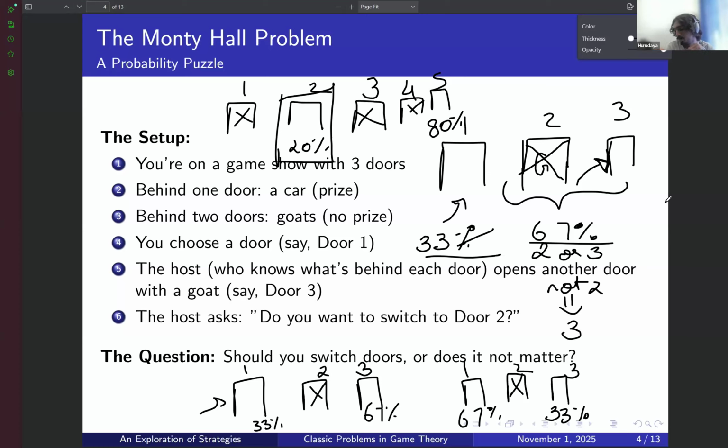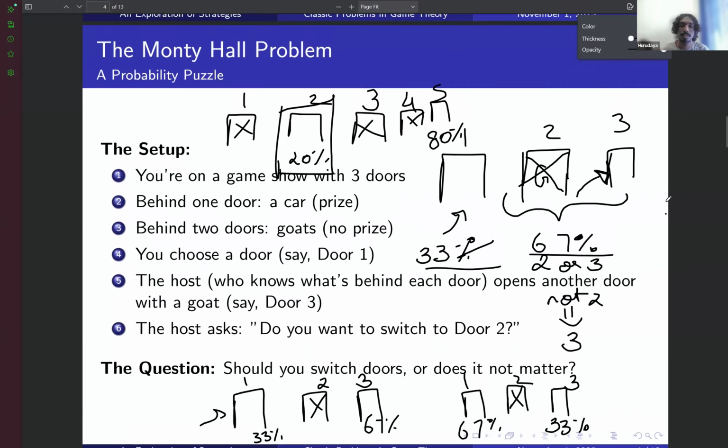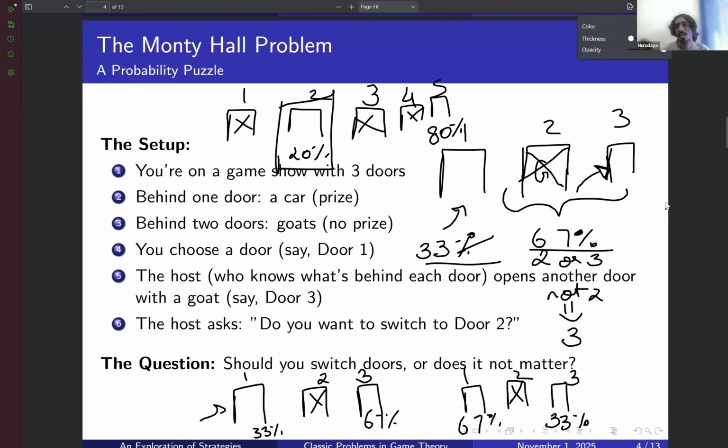So to whoever asked if it was independent originally, here's another thing you have to consider. You have three doors, and you choose this one. But there are two cases.